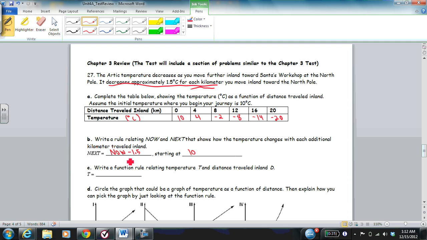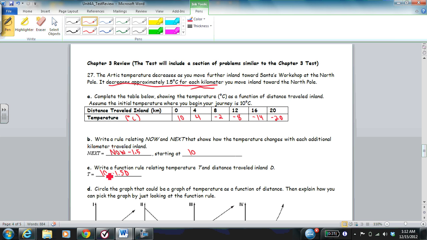Y equals mx plus b, except instead of y and x, we have t and d. So it's going to be 10, our starting value, minus 1.5 degrees Celsius, the amount of decrease. So that's 1.5 times the distance traveled inland.